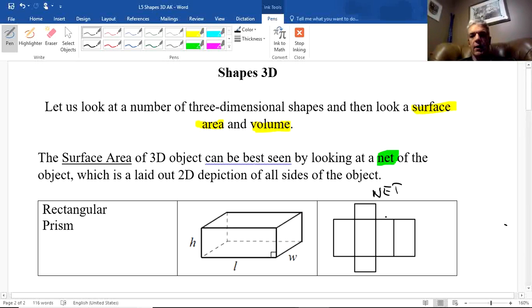The length here is the length, and then this length would go all the way across. All of these would have the same measurement, and then this might be considered the width, and this over here the height. So this would also be the height, and this would be the width here, and the width here, as they would kind of line up with each other.